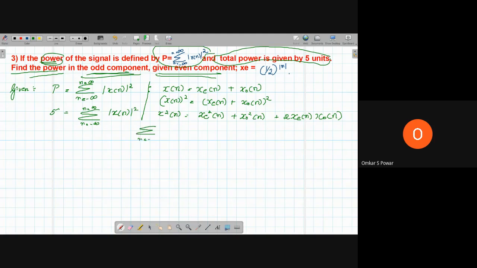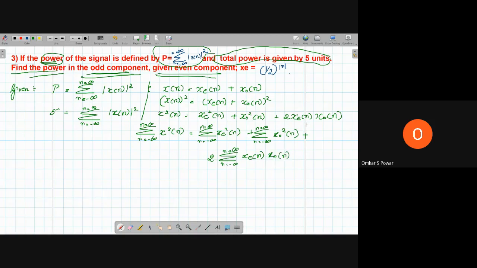Summation n varies from minus infinity to infinity x square of n is equal to summation n varies from minus infinity to infinity x even square of n plus summation n varies from minus infinity to infinity x odd square of n plus 2 times summation n varies from minus infinity to infinity x even of n into x odd of n.